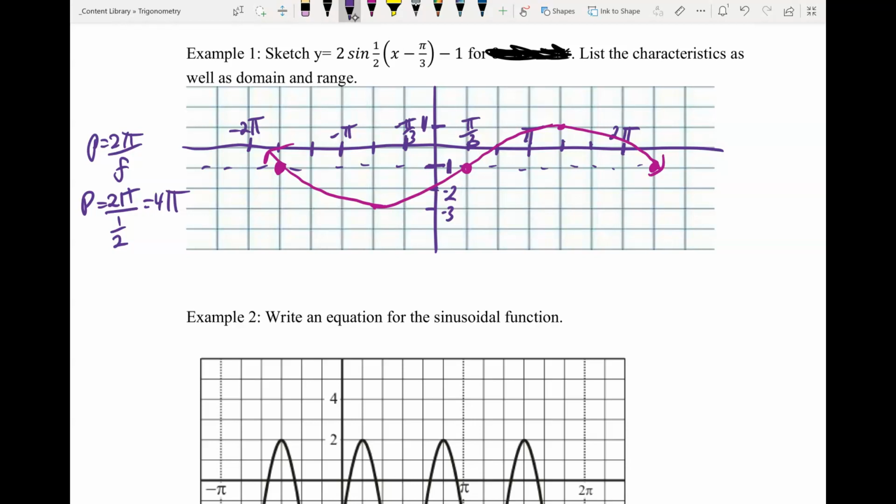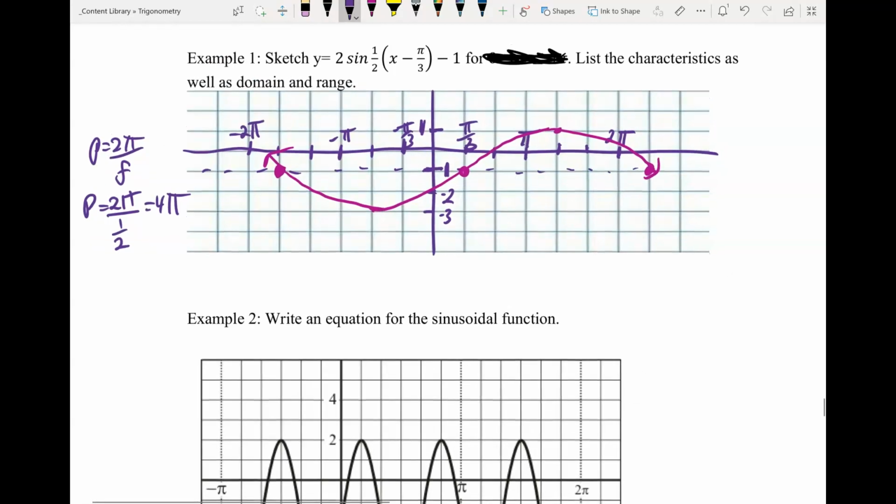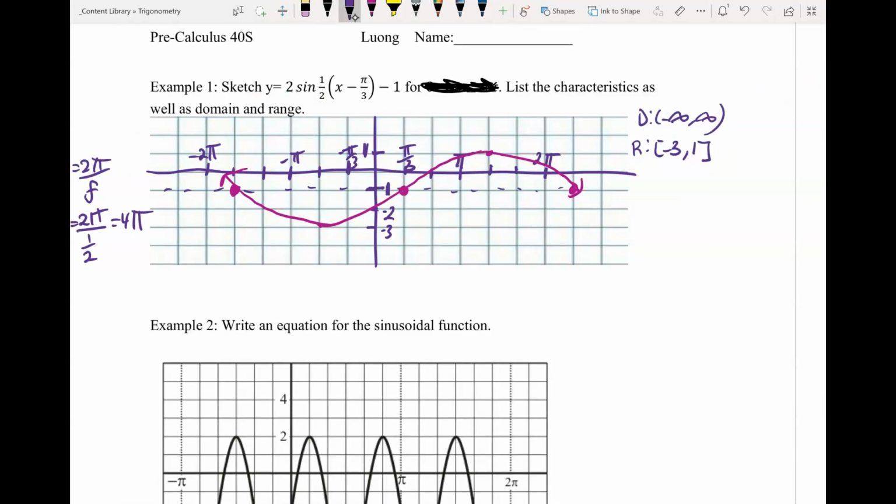So for our characteristics, I'm going to label the domain and range. Your domain is negative infinity to positive infinity. Your range is from -3. If you want to describe what transformations have occurred on this graph compared to its parent graph, you would say that we stretched vertically by 2. Our amplitude is 2.